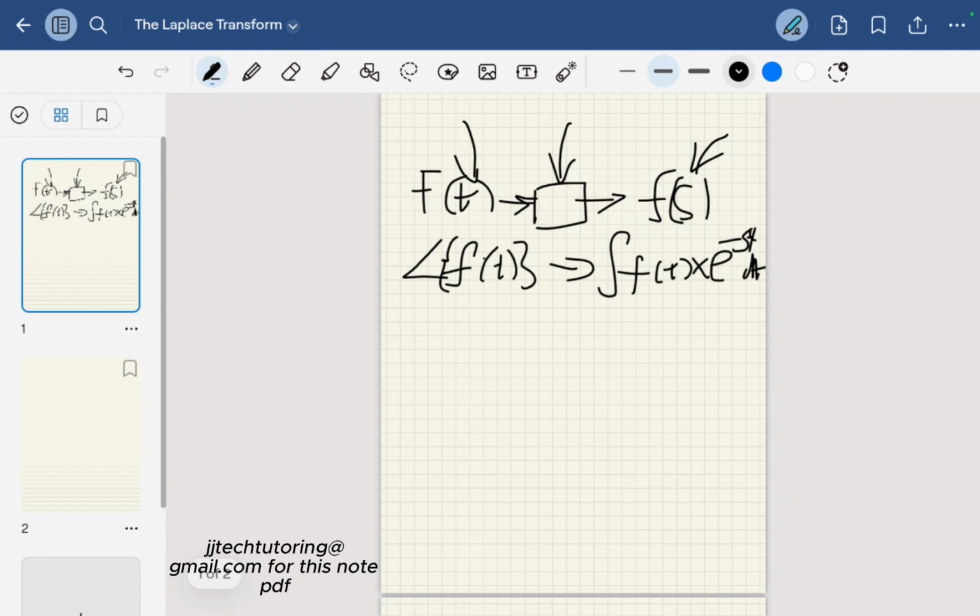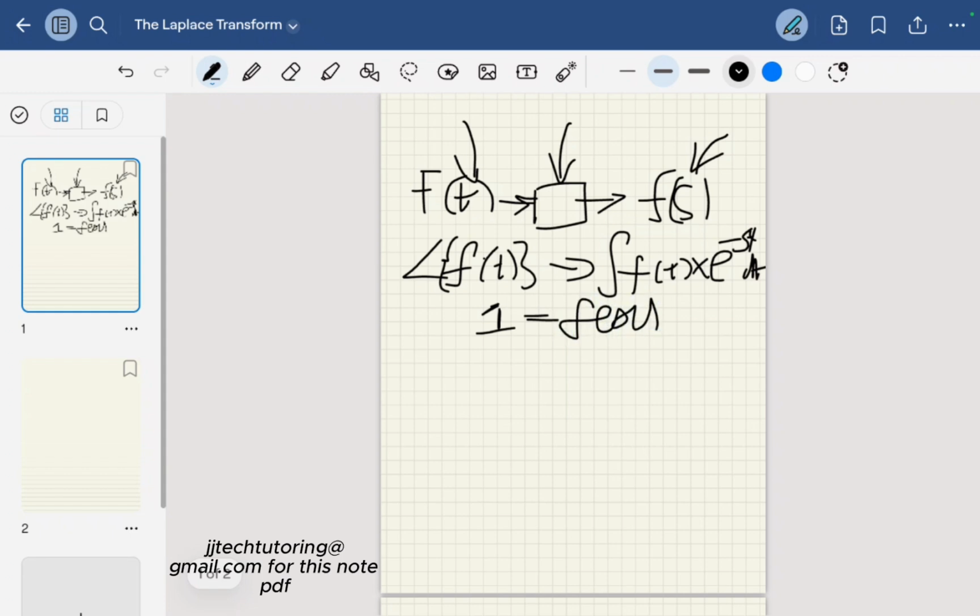For example, let's say we want the Laplace transformation of 1. For now, I'm going to use the definition of integration to solve this problem. But as time goes by, you're going to be just using the table to solve problems. As we have said, this one is f of t.